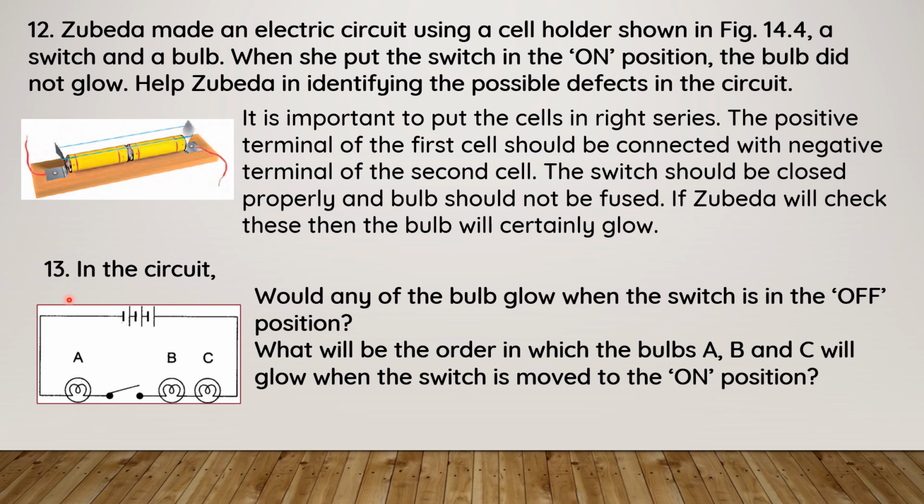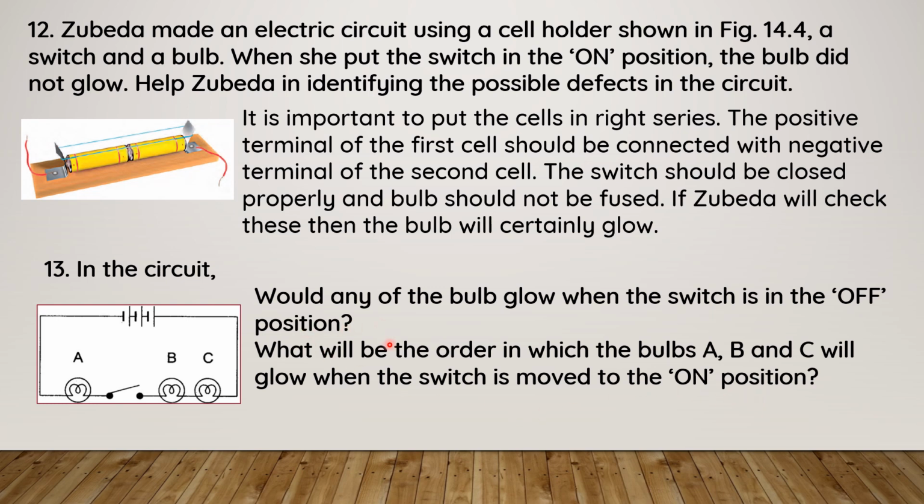13th one, the last question. Okay, this figure shows the circuit. Would any of the bulbs glow when the switch is in the off position? What will be the order in which the bulbs A, B and C will glow when the switch is moved to the on position?